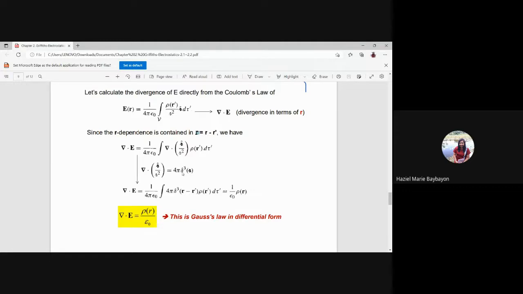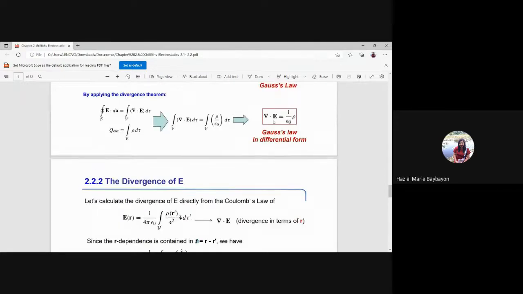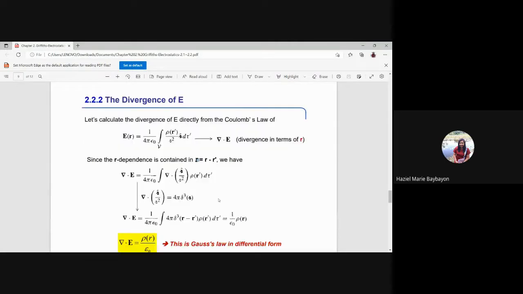Therefore, we can write this expression as 1 over 4 pi multiplied by the integral of 4 pi times the Dirac delta function times rho d tau. Okay? And then according to our previous slide, this is just equal to rho over epsilon naught.